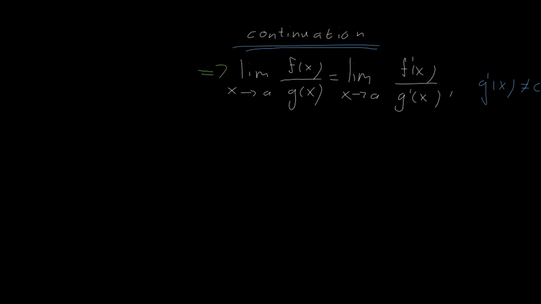So you want to make sure that when you're taking the limit of one function divided by another, what's in the denominator doesn't go to 0. Otherwise, you can't evaluate the limit.